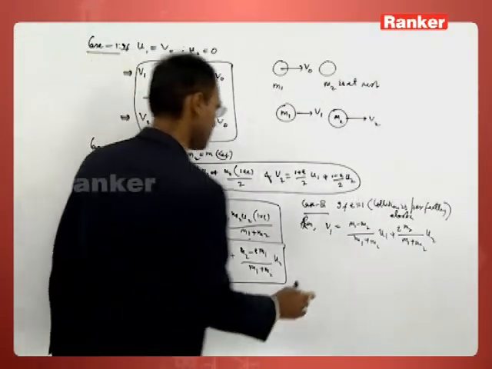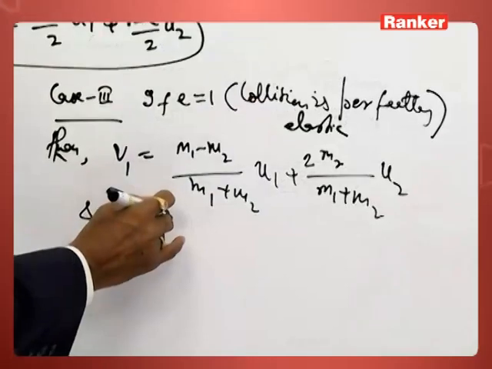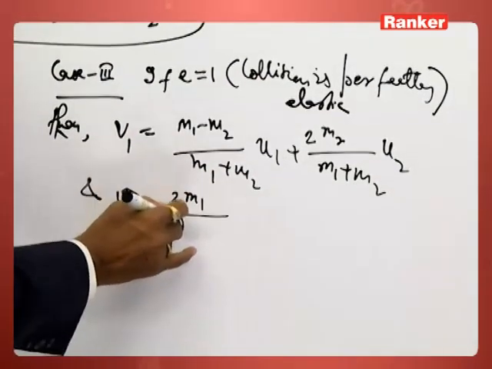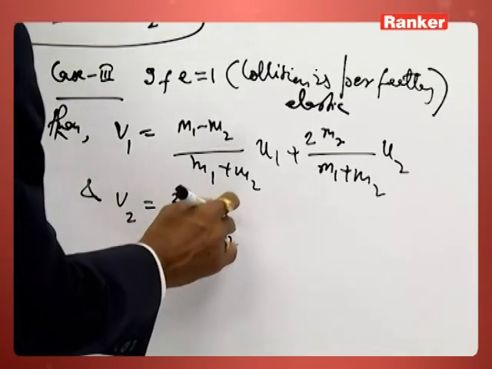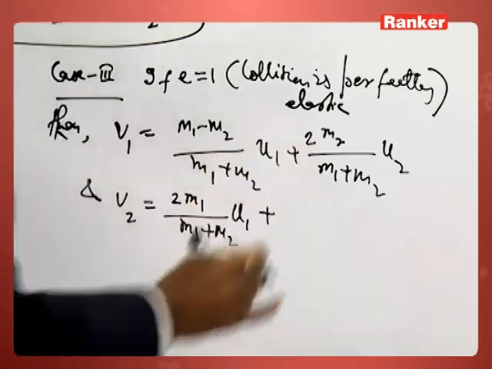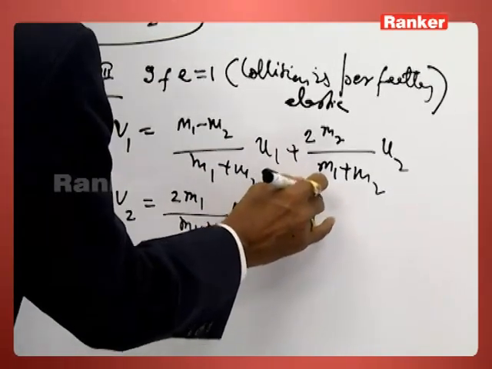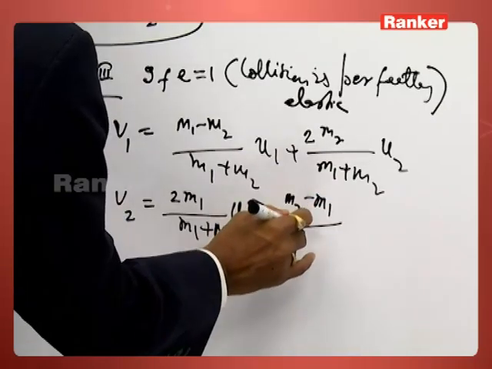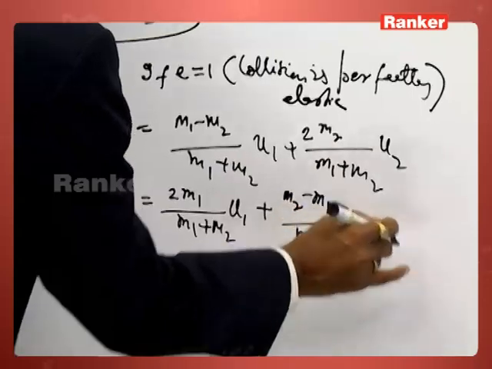and V2 is equal to 2M1 by M1 plus M2 into U1 plus M2 minus M1 by M1 plus M2 into U2.